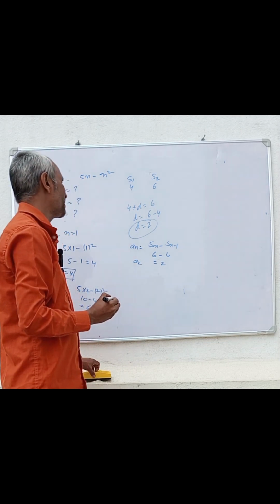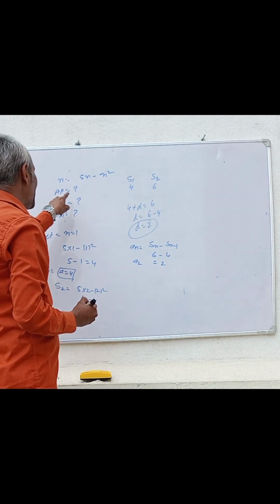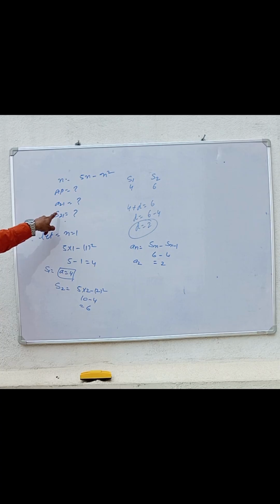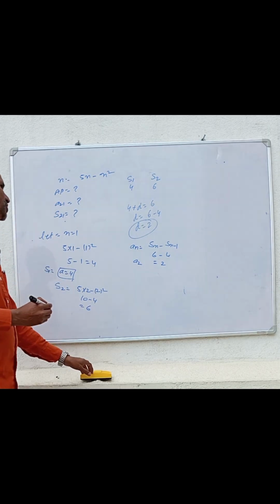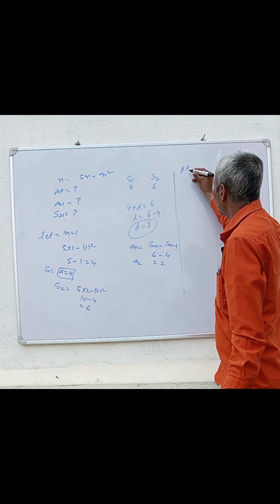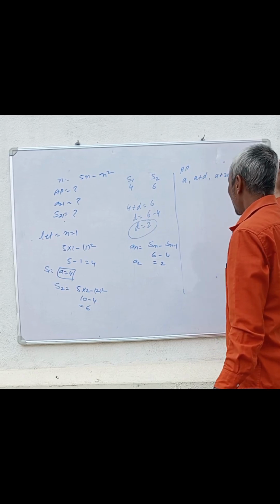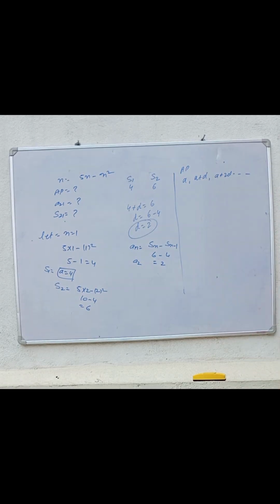So here we got these numbers. Now we are going to find the 21 terms. AP we are finding. After finding the AP, we find the A21 and then this one. So first let us find the AP. AP is found as A, A plus D, A plus 2D and so on.